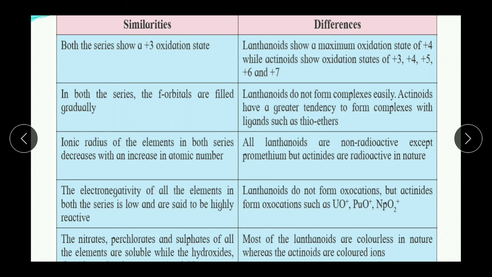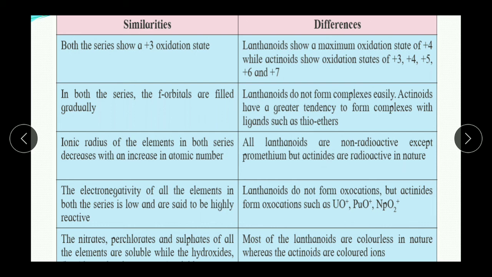If you compare between them, then lanthanides show a maximum of +4 oxidation state. But actinides show oxidation states of +4, +5, +6 and +7 along with +3. That means the highest oxidation state shown by actinoids is +7. Now, second one. Lanthanides do not form complexes easily.